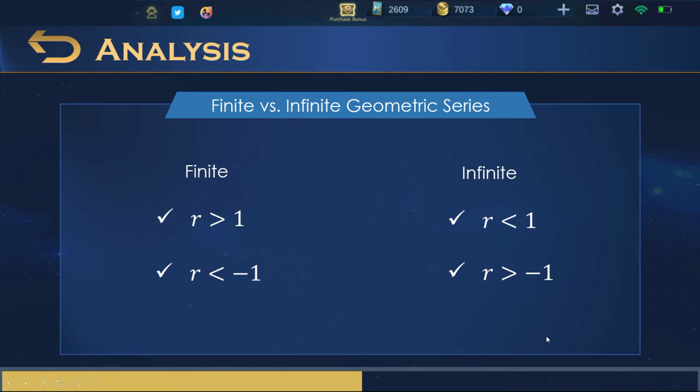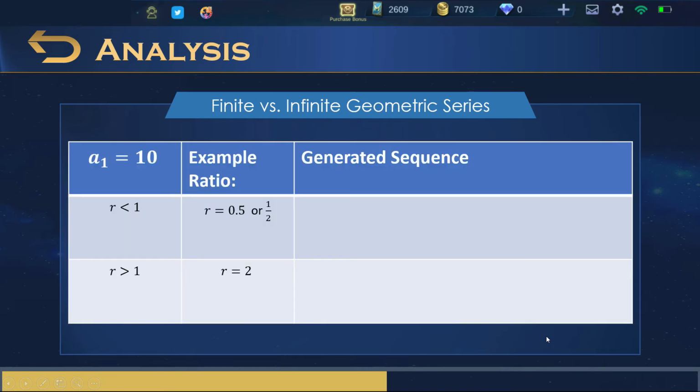Okay? So let us try to look for the generated sequence, knowing that a sub 1 is 10 and we have these sample common ratios. I'll give you 1 minute to generate the sequence. We have 0.5 as the common ratio and the other one is 2 as the common ratio.